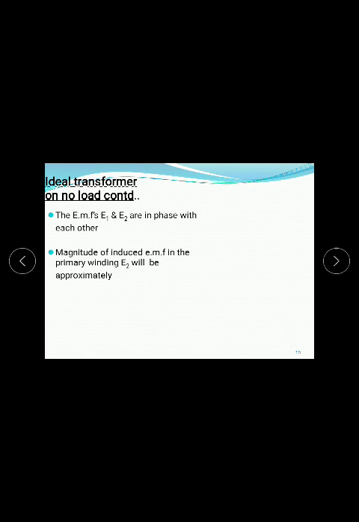The magnitude of induced EMF in the primary winding E1 will be approximately equal but opposite to the applied voltage V1, and is known as counter EMF or back EMF.